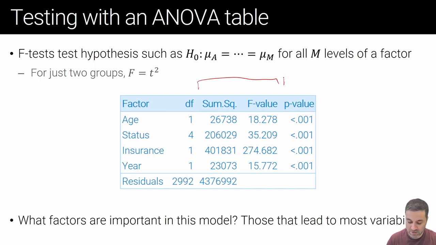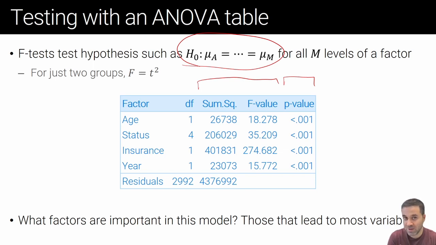And we have, of course, attached p-values. What do those p-values test? Well, they actually correspond to this specific test, in which the null hypothesis is that the means of all the groups in the factor are the same. This is what we call the omnibus hypothesis. So we are not testing for one specific difference between, for example, married and widowed. We are testing the hypothesis that all of them have the same mean.